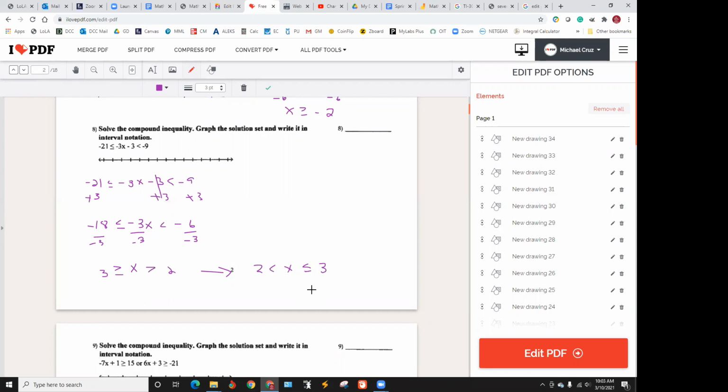So there's the solution. It's between 2 and 3. I mean, this is correct too. It's just that you're reading it backwards, which kind of creates a bit of an issue.